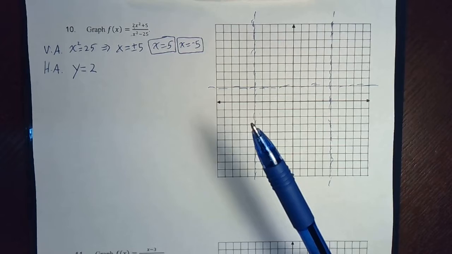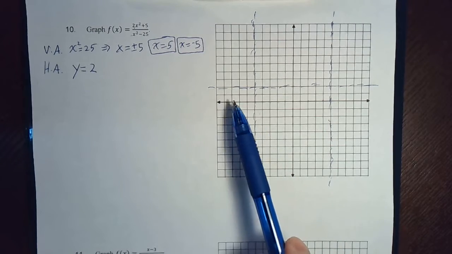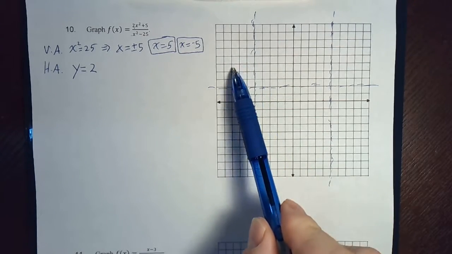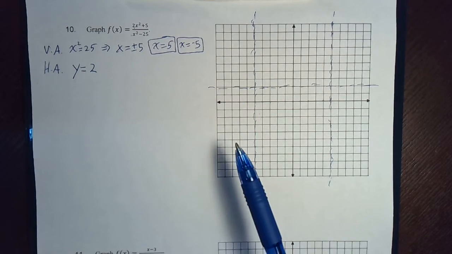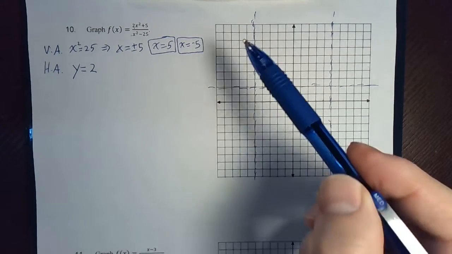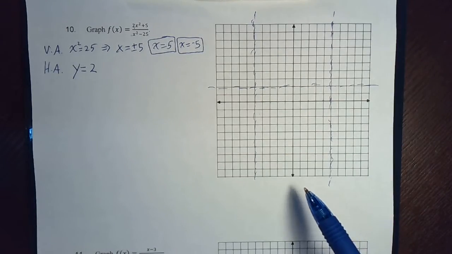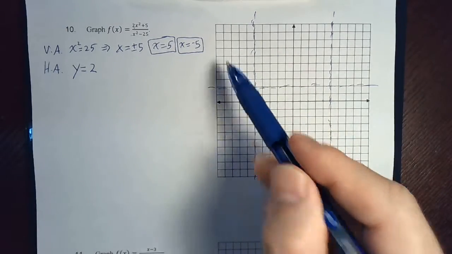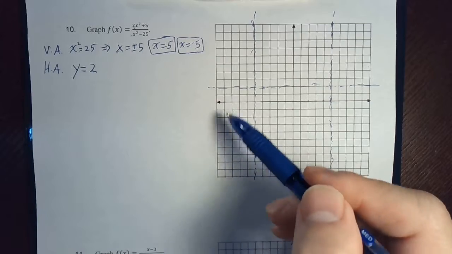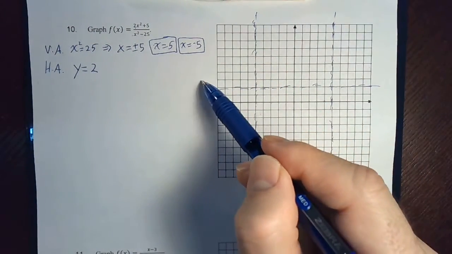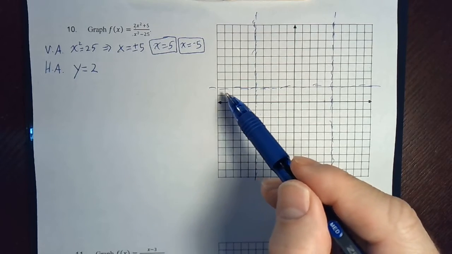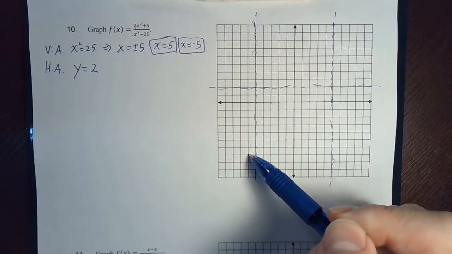And since we're dealing with a function here, we know it's either going to be all up here or all down here. Since all these are asymptotes, whatever we draw up here or down here, it's going to have to hug these two, like this wall and this floor, or this ceiling and this wall.